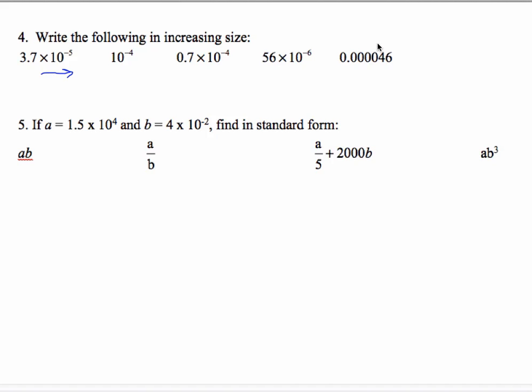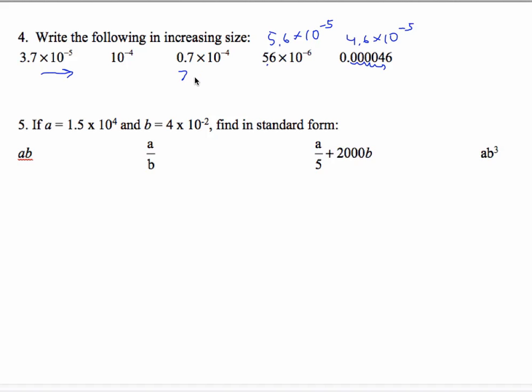So this one is going to be 1, 2, 3, 4, 5. So that's 4.6 times 10 to the power -5. This is going to be 5.6 times 10 to the power... Now I need to make this number smaller, so the exponent gets larger by 1.